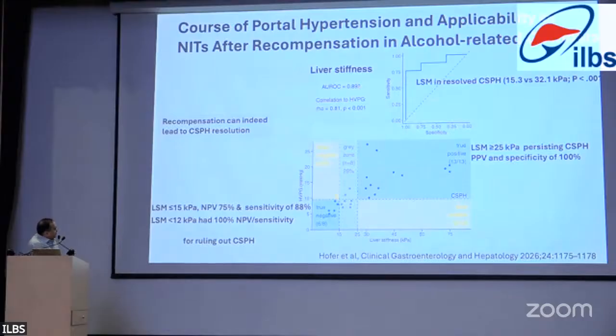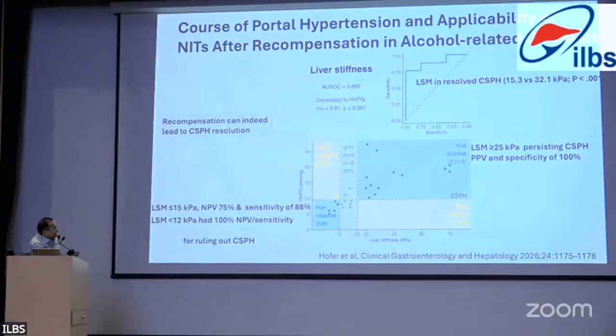But if the liver stiffness is less than 15 kPa, there is 75% sensitivity and 88% negative predictive value for ruling out CSPH. But because of these two outliers, if we cut it down to 12 kPa, we can rule out clinically significant portal hypertension 100% in patients who achieve recompensation.